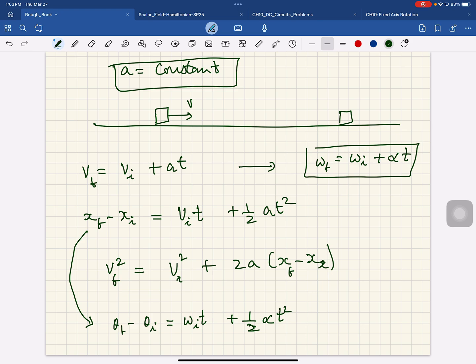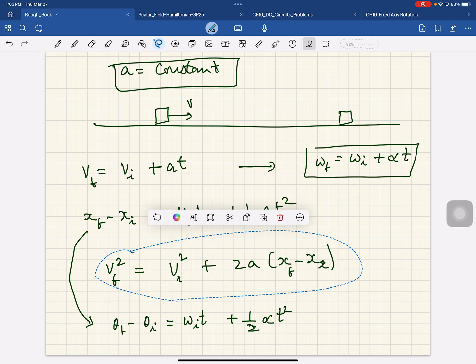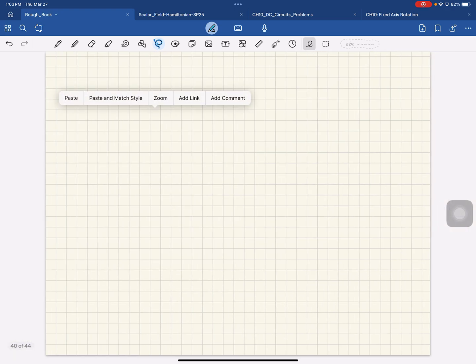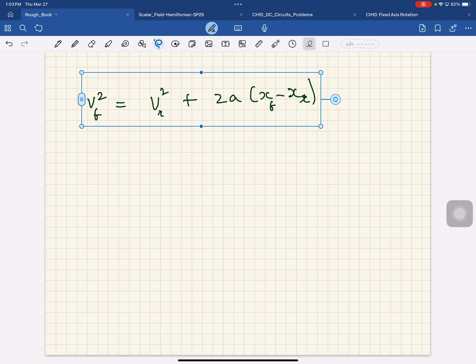Can anybody help me out with this? What will be the corresponding equation for this one?